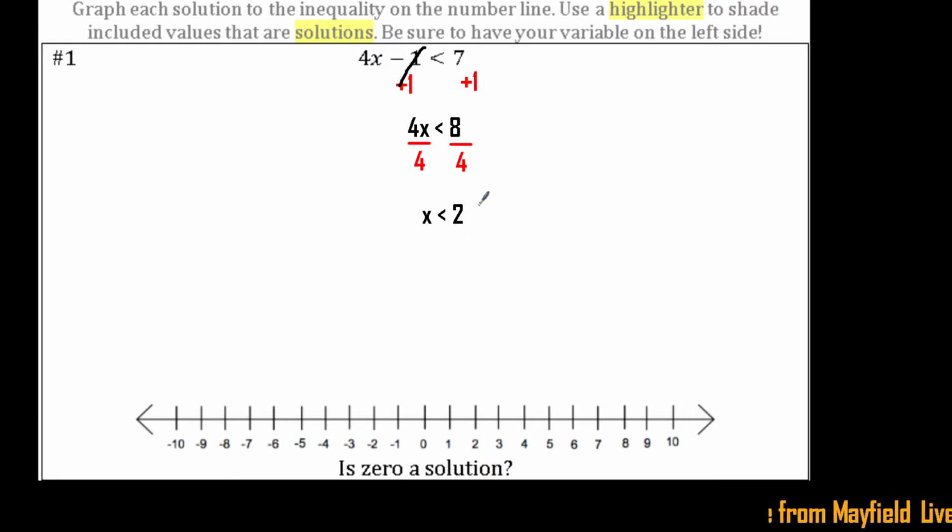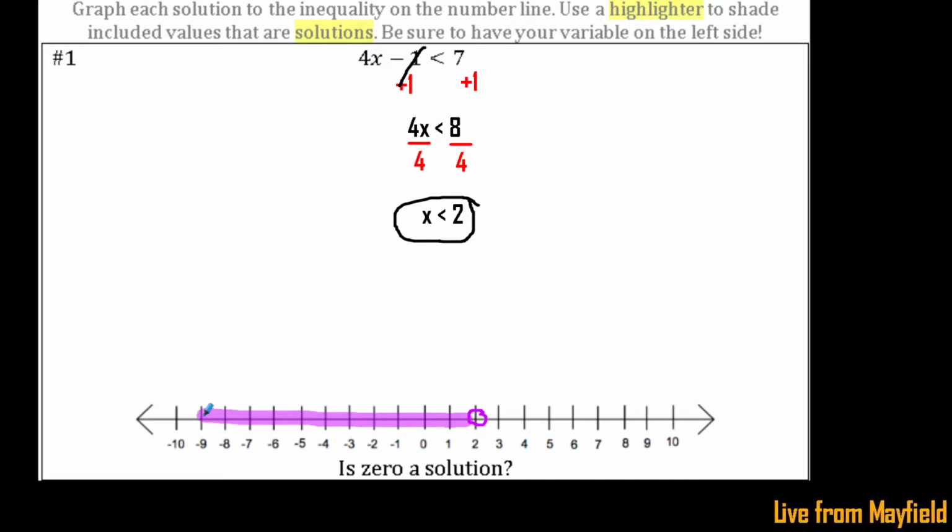So now, again, our variable's on the left, and we can highlight this in. So again, go to that value that you're looking at, so we're going to be on 2. And since it's not filled in, meaning there's no line underneath, we're not going to include 2 as our possible answer. So I'm going to put an open circle on 2, and I'm going to highlight everything to the left.